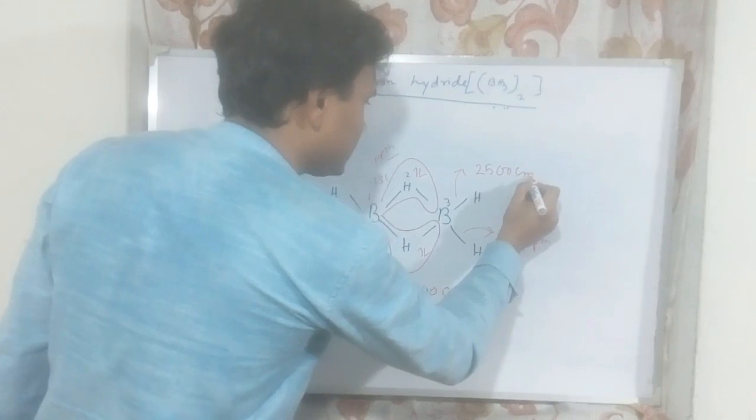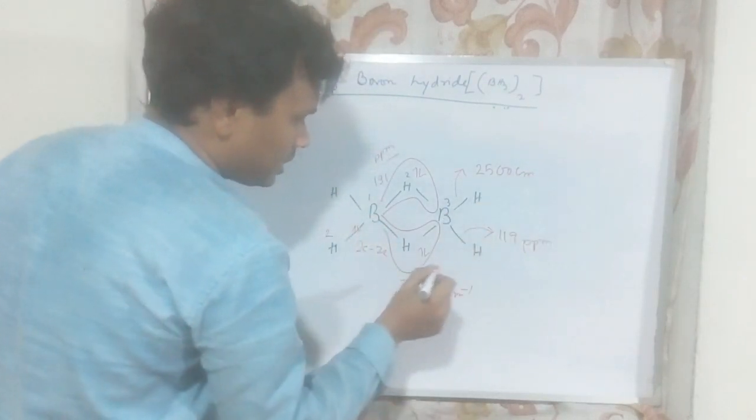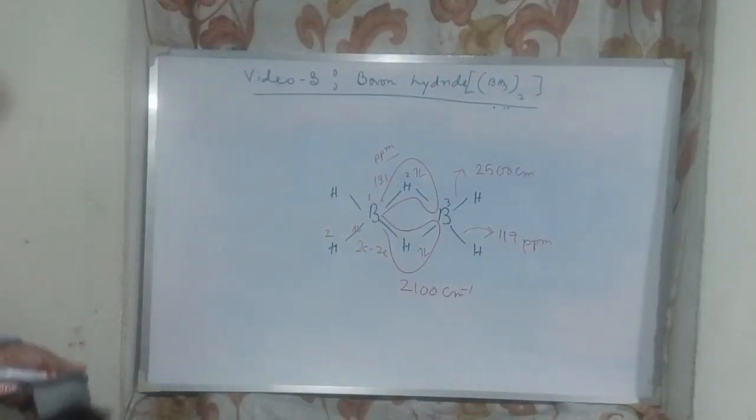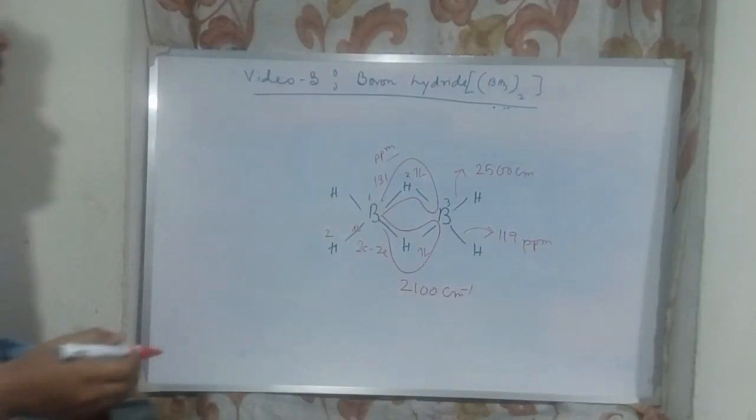This also indicates that this bond is stronger compared to this 3-center 2-electron bond. So where there is weakness, there is an opportunity for a chemist.